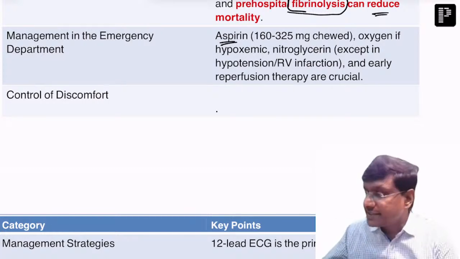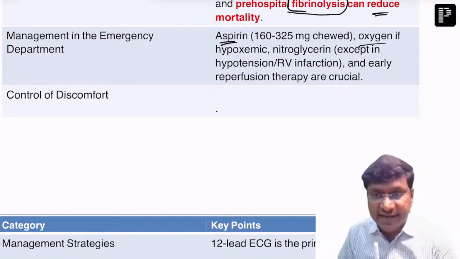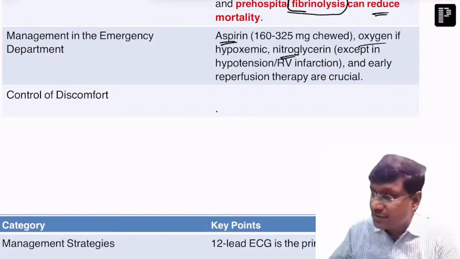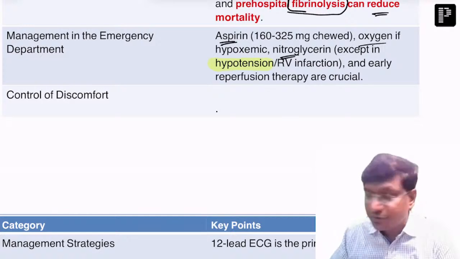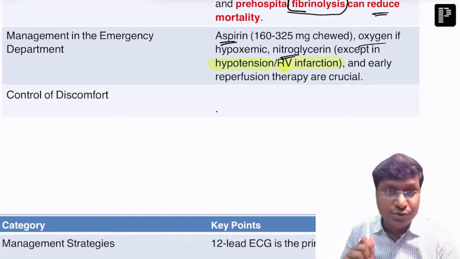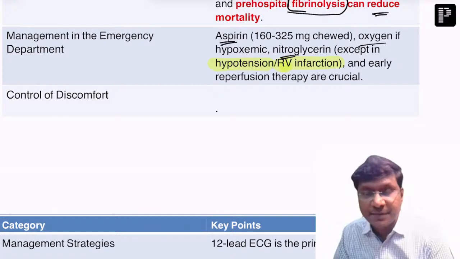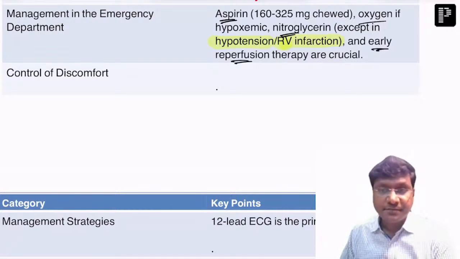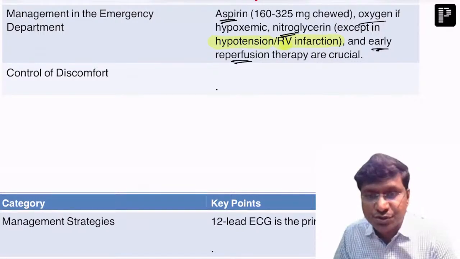Next is oxygen, if the individual is hypoxemic. Nitroglycerin has to be given, but you should avoid giving nitroglycerin if the individual has hypotension or right ventricular infarction. And very important, early reperfusion is very much crucial.